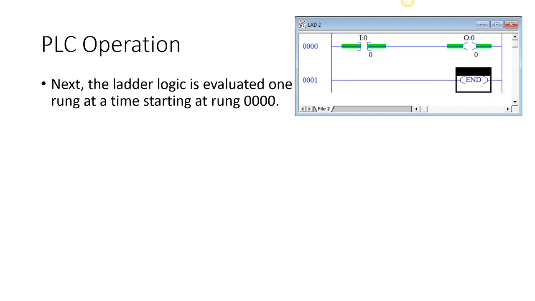Now we're going to execute our program that we have inside the PLC. Inside our PLC, we have a program that has one whole line in it, and that line has 2 instructions. So we're going to evaluate that one line in our simple program here, and we're going to show you the steps on how we're going to evaluate that. Okay.